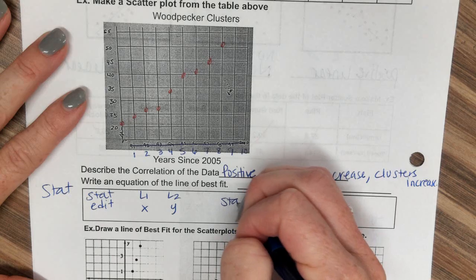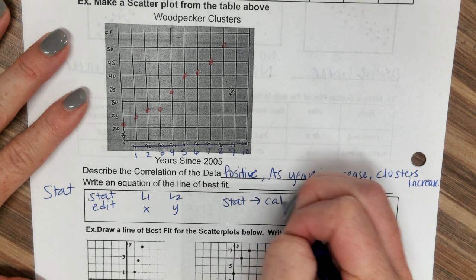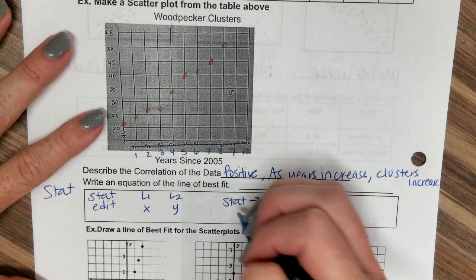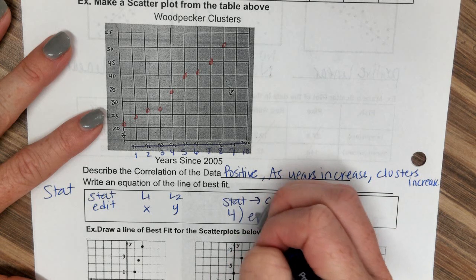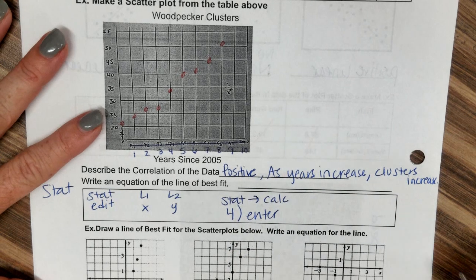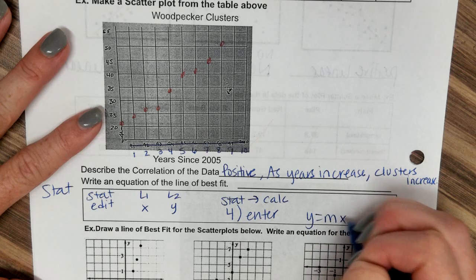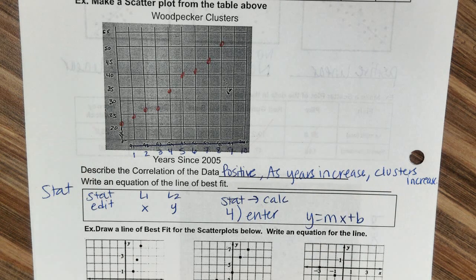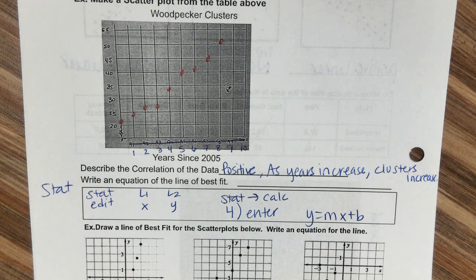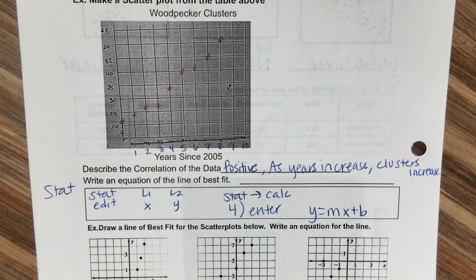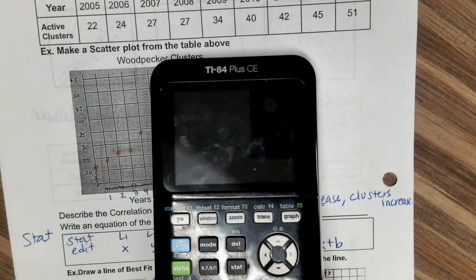You're going to go to STAT, tab over to Calc, choose option 4, and hit enter until it gives you an equation in y equals mx plus b form. That equation that STAT is giving you is the equation of the line that would best fit this data. It's not a line that connects the dots. It's a line of best fit. Does that make sense?